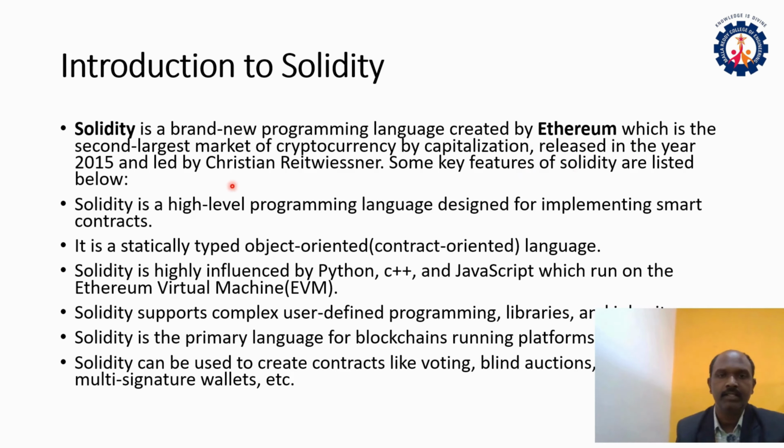It was released in 2015, led by Christian Reitwiessner. Some features of Solidity are listed below. Solidity is a high-level programming language designed for implementing smart contracts. It is a statically typed, object-oriented language, like the OOPS concept in Java programming. It looks like Java, but it is not Java; it is a different language we have prepared.